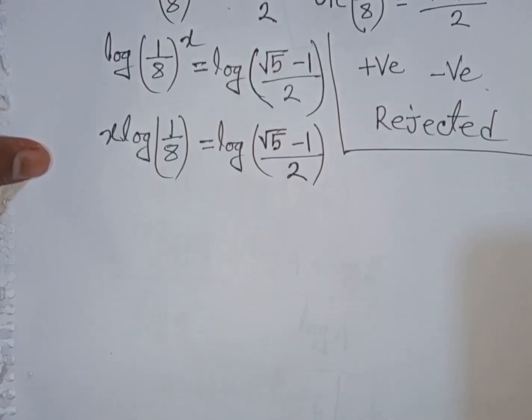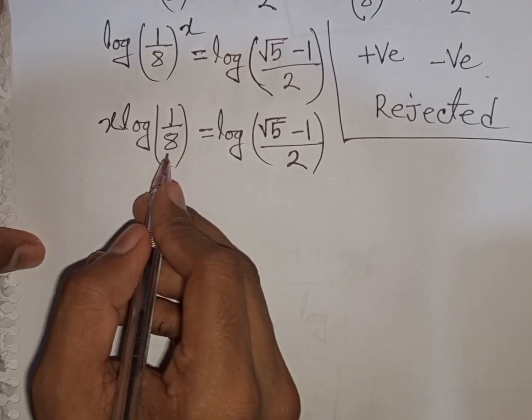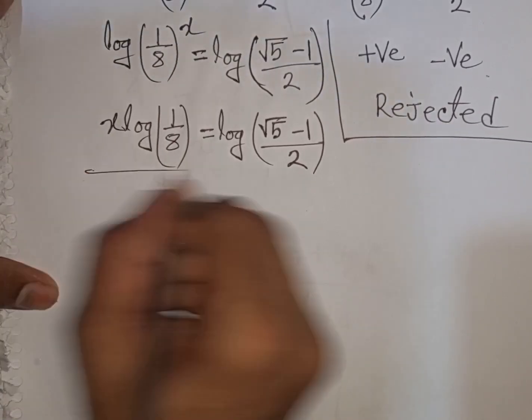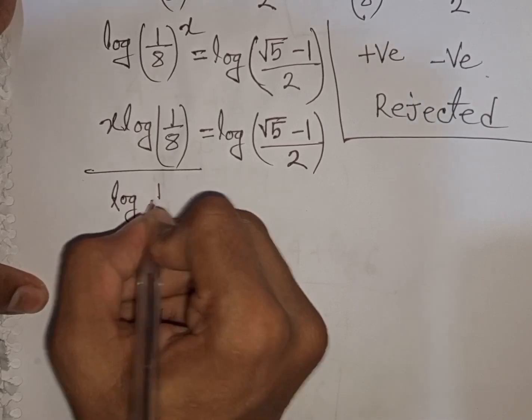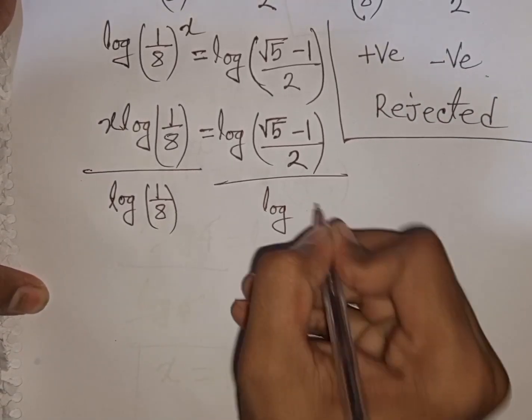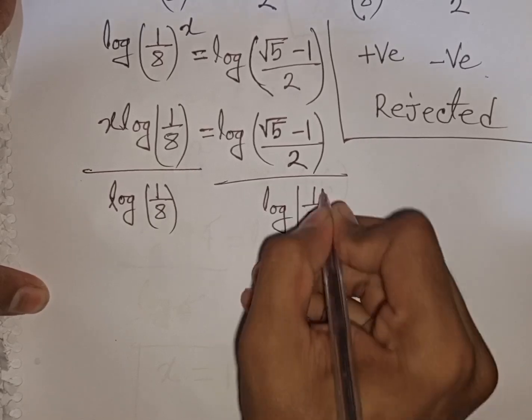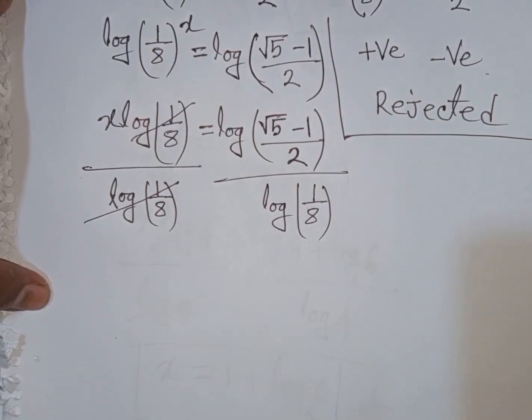Now, we need the value of x. So, we divide by log of 1/8 on both sides. So, log of 1/8 divided by log of 1/8 will be cancelled.